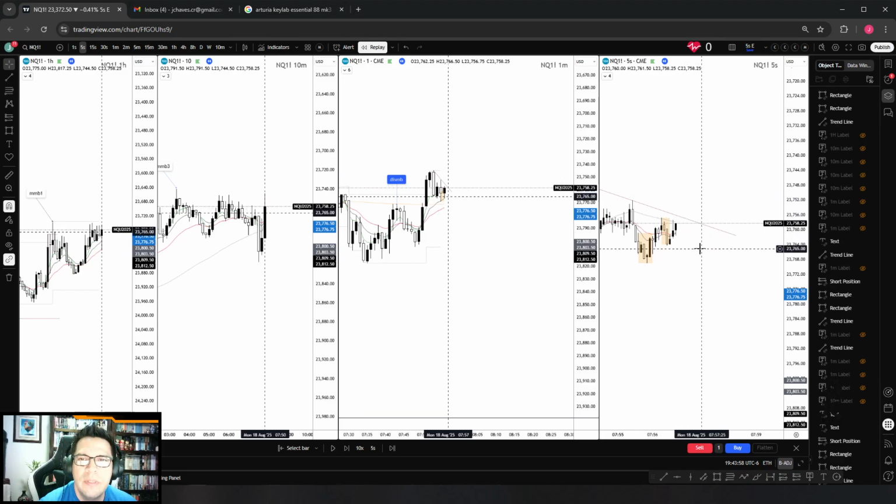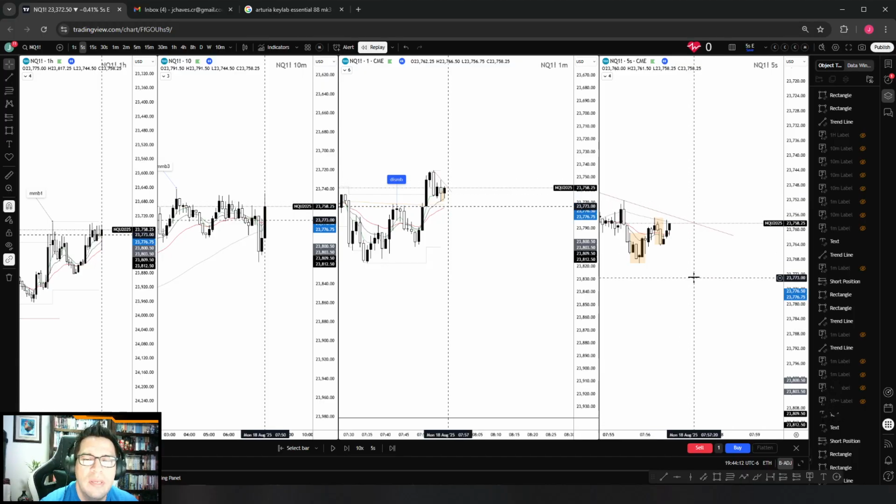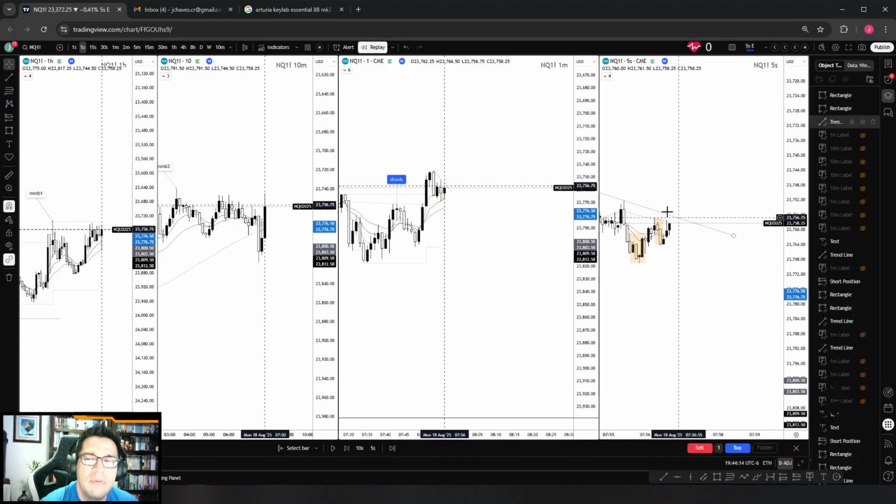But at this point, the entry would be still below the EMA, so we have to wait for a clear move above the EMAs, above the containment line, to validate that.